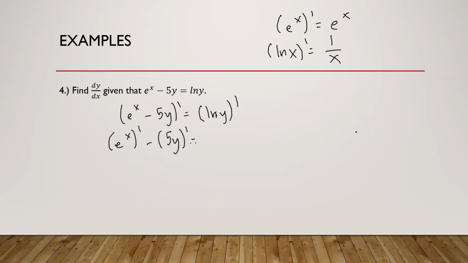Okay, so what is the differentiated of ln y? So, dito naman sa e to the x, okay, so given these terms, it will become e to the x. Tapos, since kanina, yung y prime natin is dy over dx, so magiging 5 dy over dx siya.